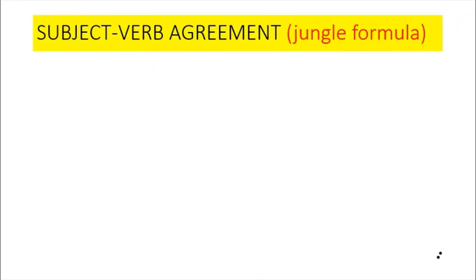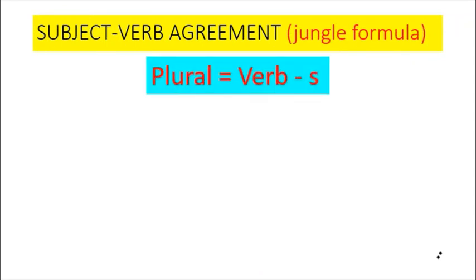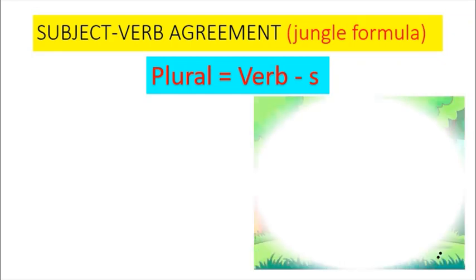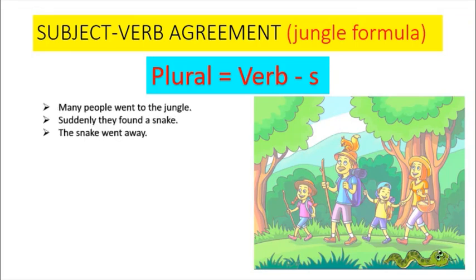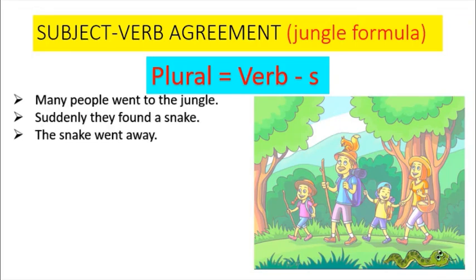Now, this is another jungle formula, for plural nouns or pronouns. As we know, if the subject is a plural noun or pronoun, the verb is written as a root word, that means without S at the ending. This is the story for plural. When many people went to the jungle, suddenly they found a snake.